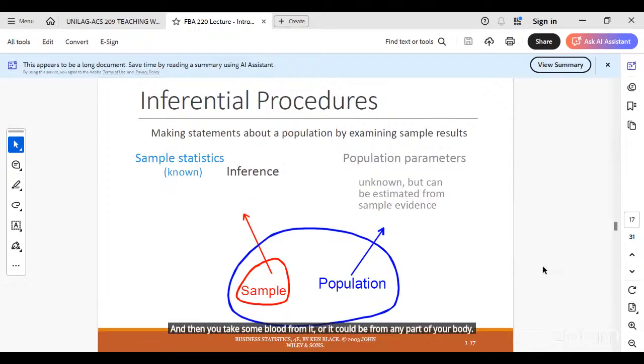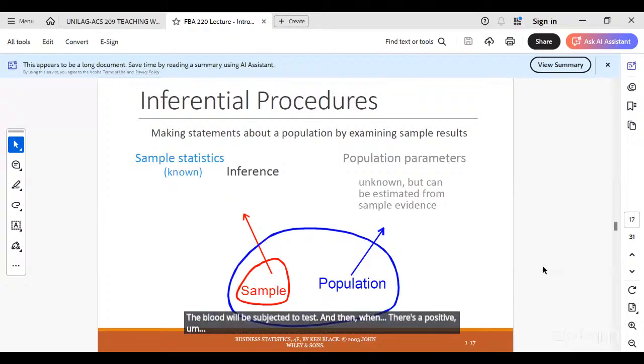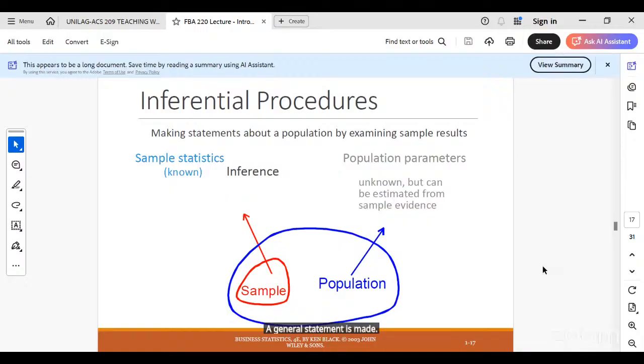The blood will be subjected to a test, and when there's a positive presence of malaria parasite, for instance, in the blood, a general statement is made that, oh, this patient is malaria positive.